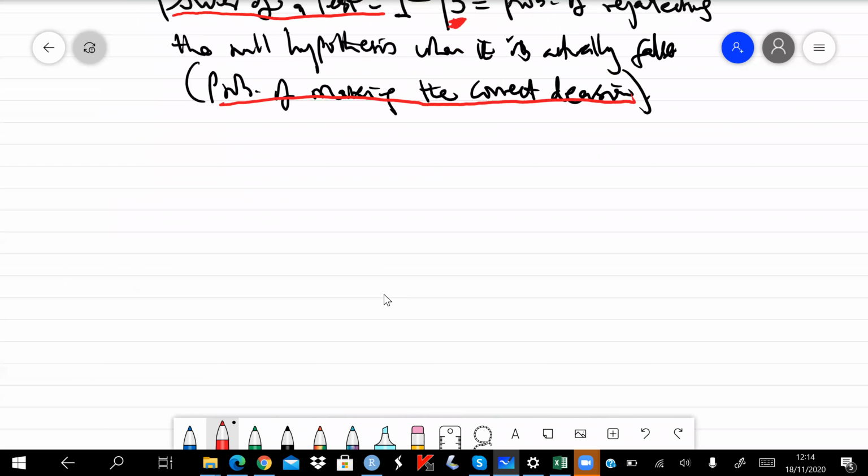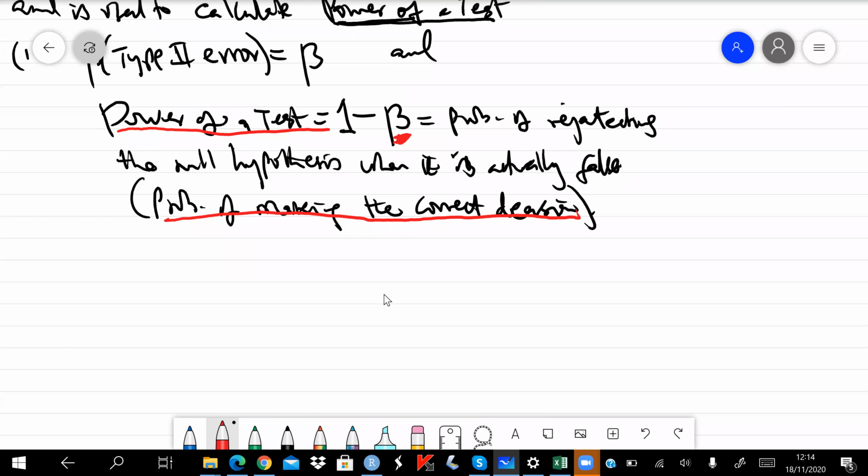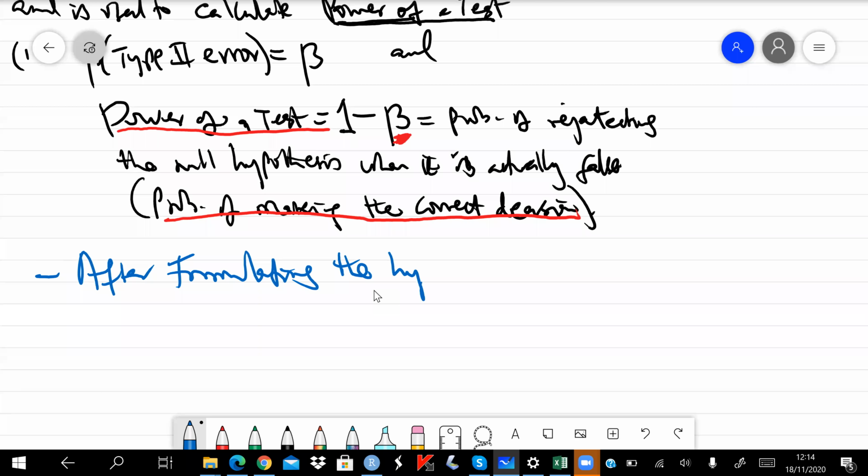So we have said that the first thing is you define the hypothesis. And then after formulating the hypothesis, you decide on the level of significance.